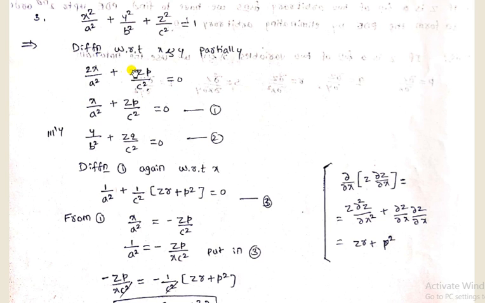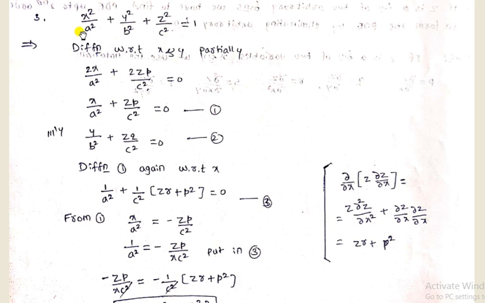So now divide on both sides by 2, so it becomes x by a square plus z into p divided by c square equal to 0. So equation 1 we obtain when we differentiate with respect to x partially.